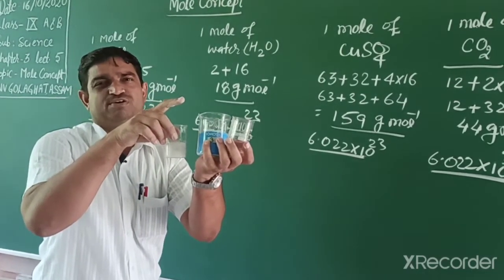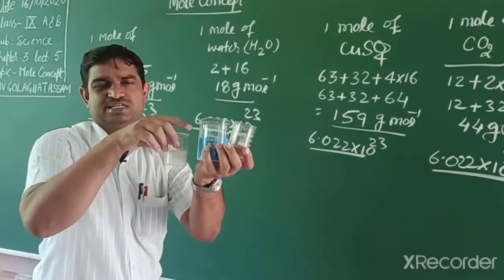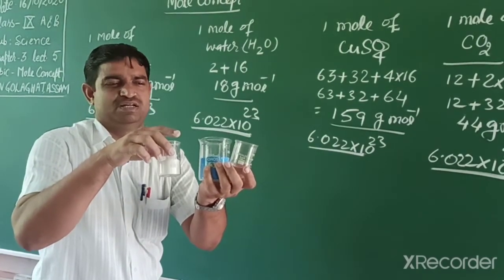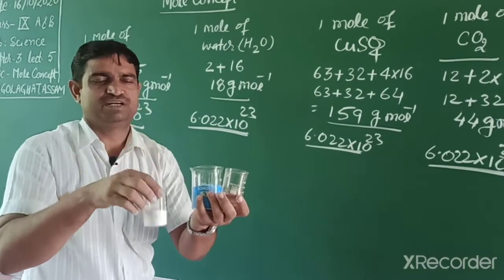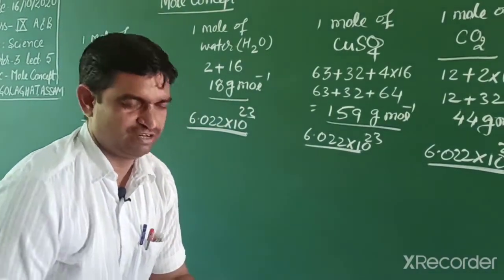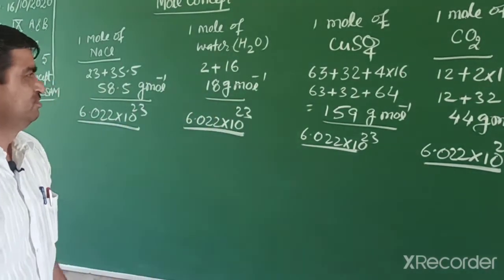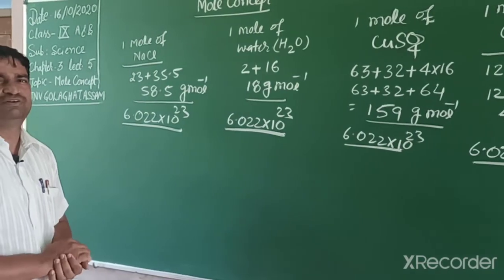So that is mole, means in 1 mole the number of molecules, atoms, ions are the same. And this is a very important concept. By this we can easily identify any compound's mass and number of molecules. So one more numerical is given in your NCERT book.